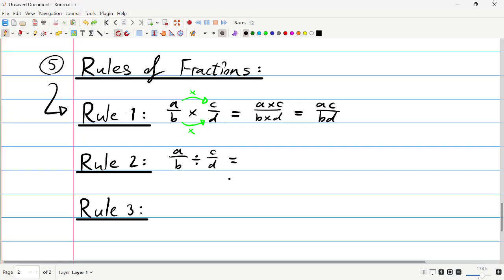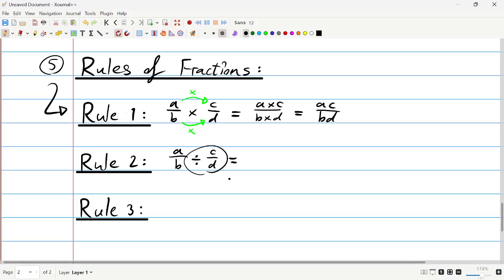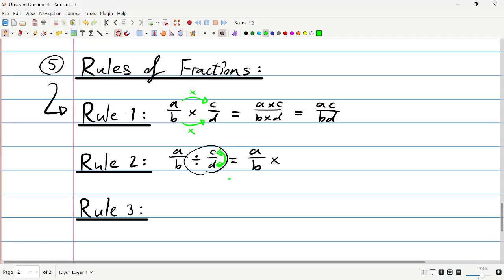Numerator goes to numerator, denominator goes to denominator. So what are we going to do? We are going to tip and times. We're going to look at this and say, no, I want a multiplication. So I'm going to use the rules of math, and I'm going to say this division turns into a multiplication, but in order for it to be valid, we are just going to do the following. We are going to swap these two.